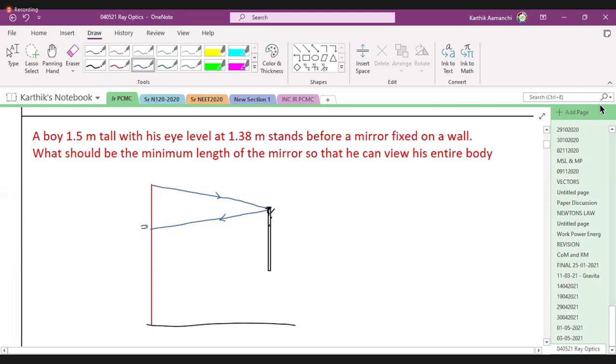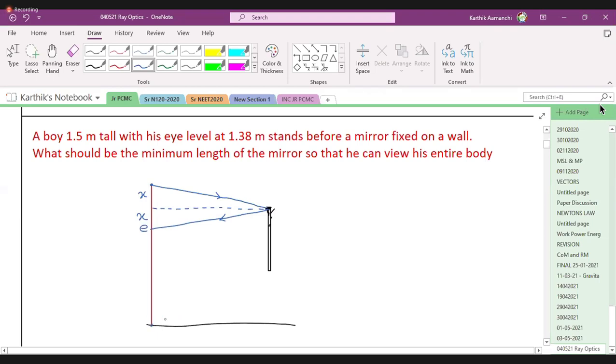Right? And the boy's eye, which is here, can see the head. Clear? Yes, sir. So I'm drawing the normal at the point here. If this distance is x, what will this distance be? x. So this total is 0.12. So x is 6 and 6. Later I will substitute them. Understood?